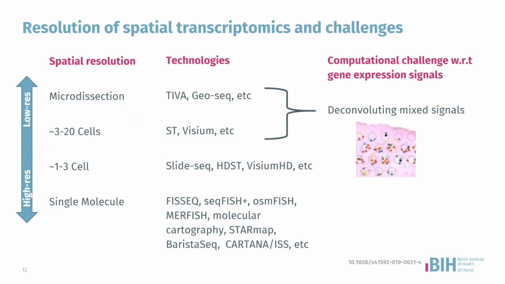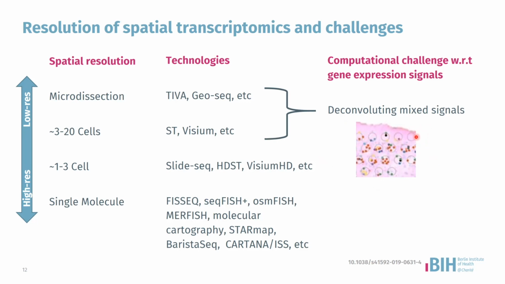For example, low resolution methods provide a readout of multiple cells within a tissue region. In this image, you see some tissue in pink, and you have these readout spots shown in the tissue, and these individual colored dots representing cells.